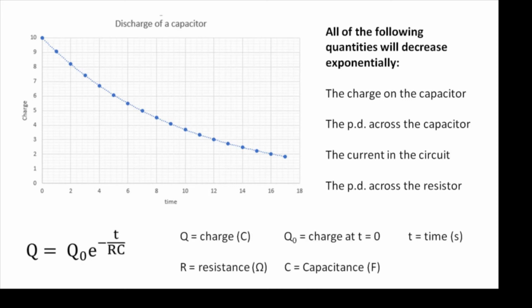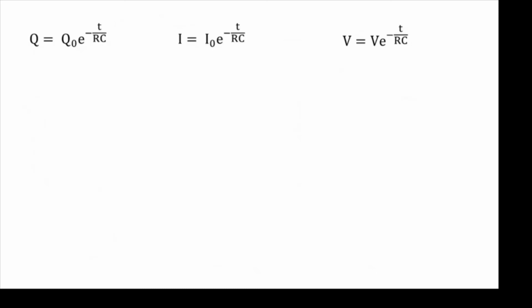This equation, Q equals Q naught e to the minus t over RC, is an equation we can use to work out Q at any point in time. Q is the charge, Q naught is the initial charge, t is time, R is resistance, C is capacitance. As I said earlier, Q, I and V will all go down exponentially.